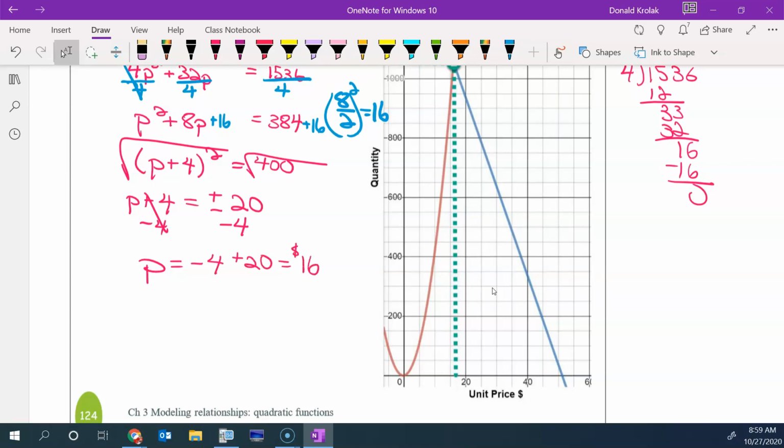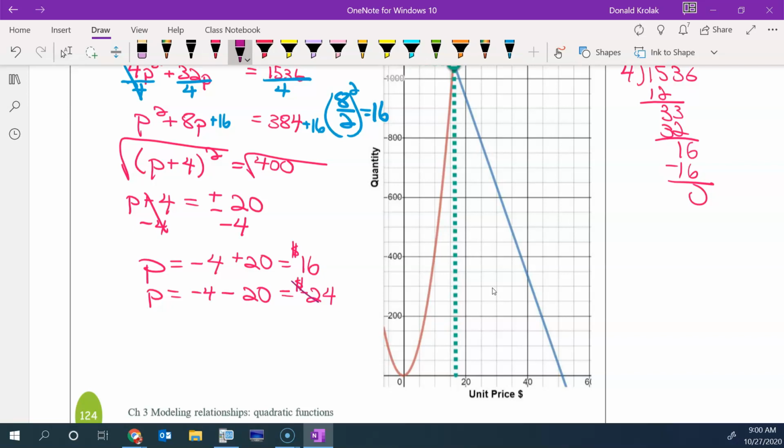Okay, so that would be $16, or negative 4 minus 20. You would pay people to take the product. Negative $24. So you go buy it and you get $24 for taking it.